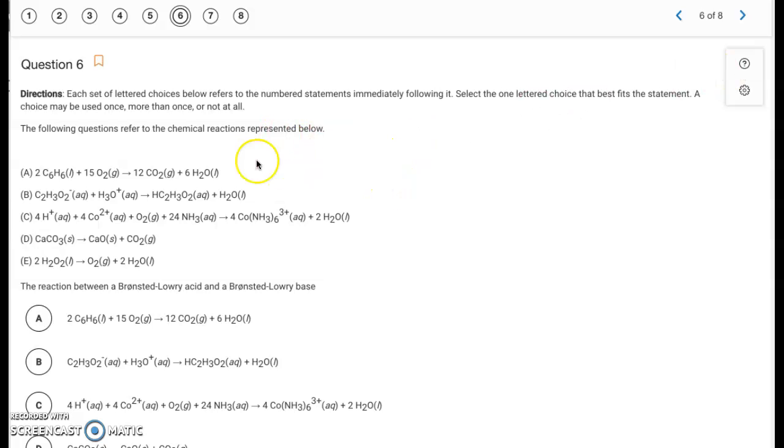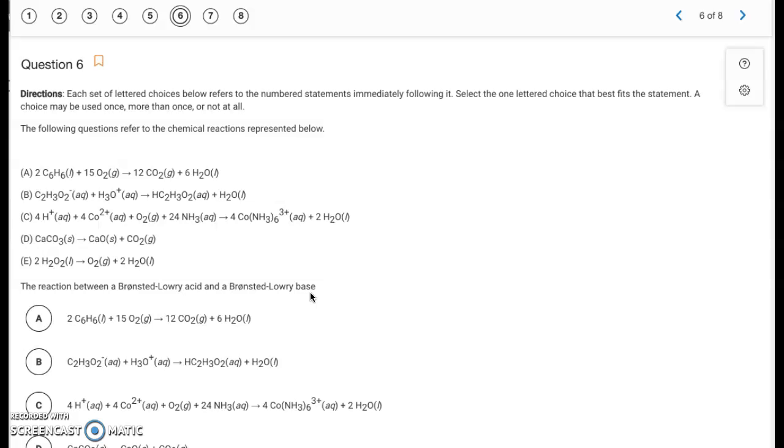Okay, question 6. With the same reactions, or no, it's not the same reactions, I'm sorry, but another set of 5 reactions. And this one, we want to show a Bronsted-Lowry acid and a Bronsted-Lowry base. So it's an acid-base reaction that we're looking for. An acid-base reaction is defined by a transfer of a proton or transfer of a hydrogen ion.